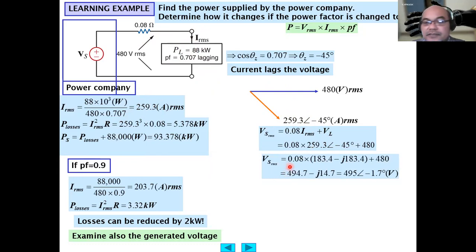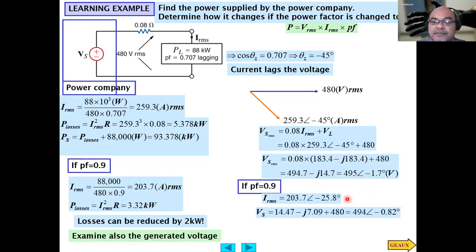Since it's addition, you first convert this phasor format into complex format: 0.08 times (183.4 minus j183.4) plus 480. This becomes 494.7 minus j14.7, or reconverted back into phasor format, 495 volt with phase angle of minus 1.7 degrees.